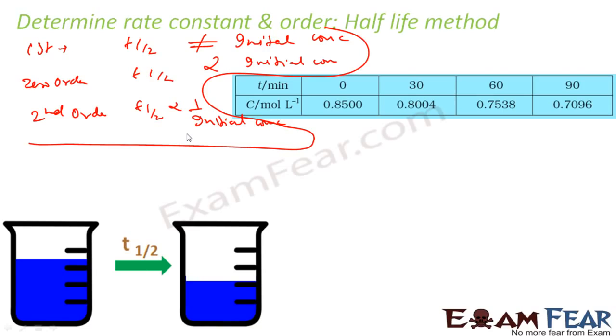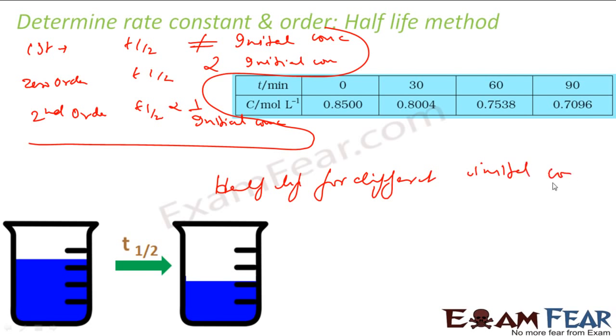Now here also we do the same thing. We find the half-life for different initial concentrations, right? For example, I'll assume this is my initial concentration.